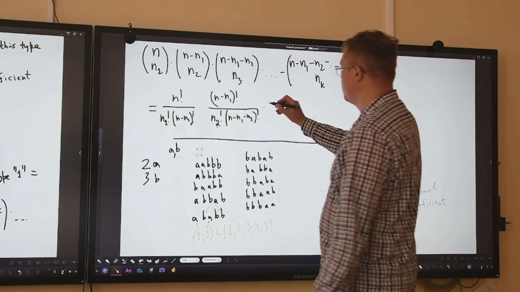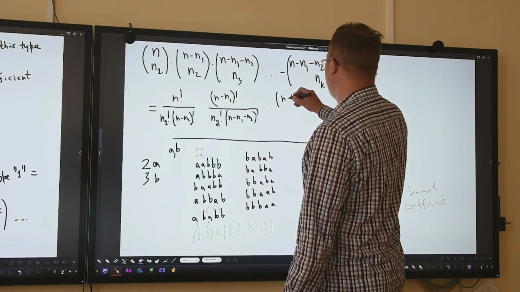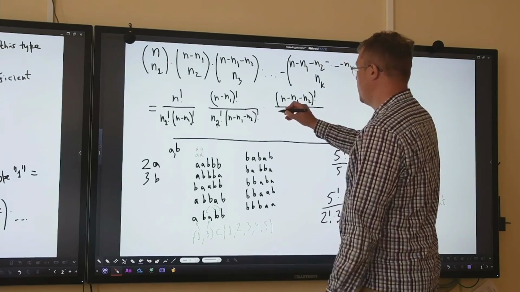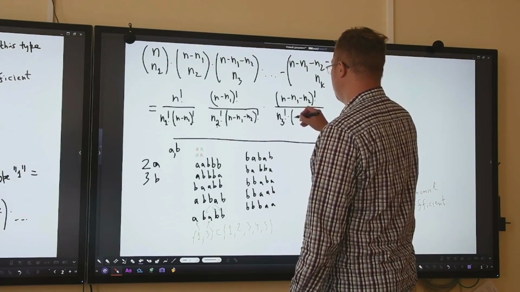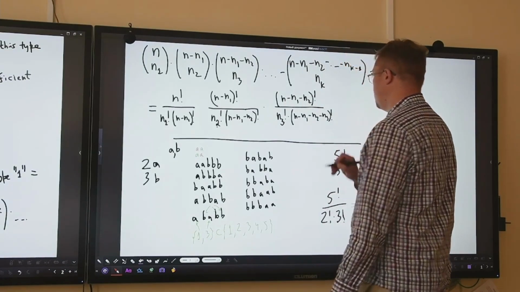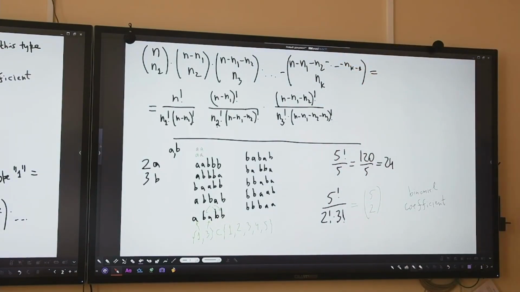The next one will be n minus n1 minus n2 factorial divided by n3 factorial times n minus n1 minus n2 minus n3 factorial, and so on.